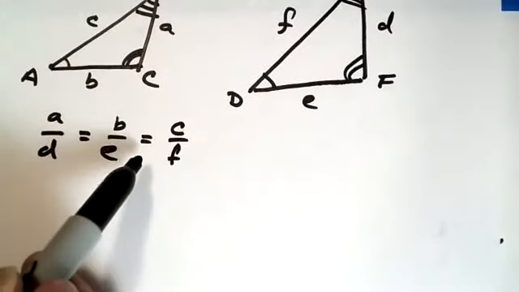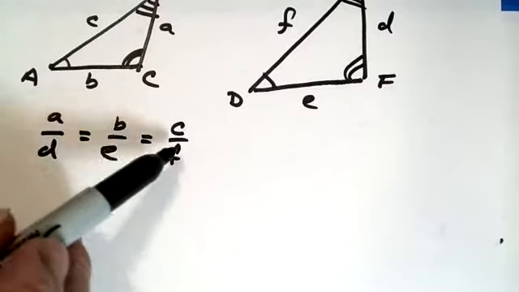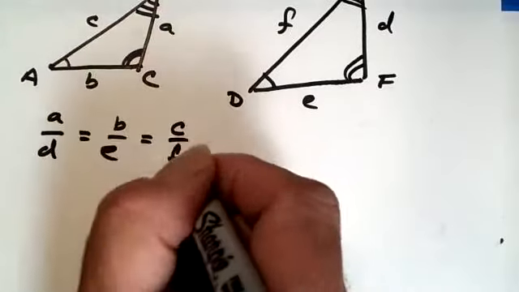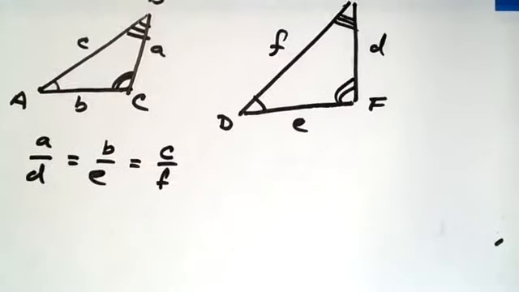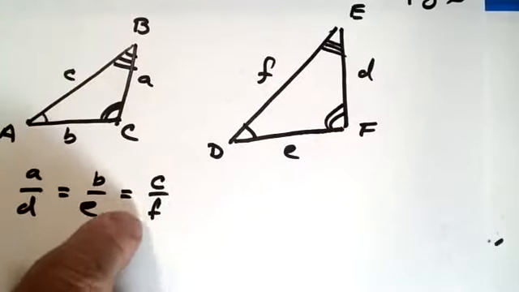And this algebraically is equivalent to flipping them all upside down: d over a, e over b, f over c. So this number is all the same number for these two triangles. In some sense, this has a scale factor of whatever this ratio is.